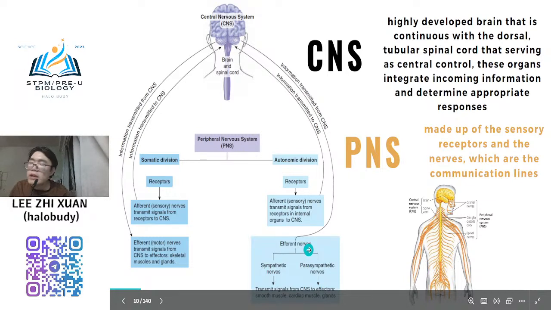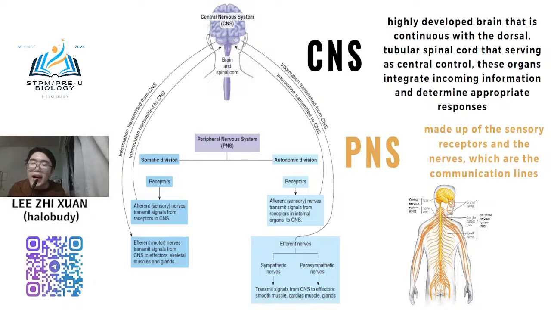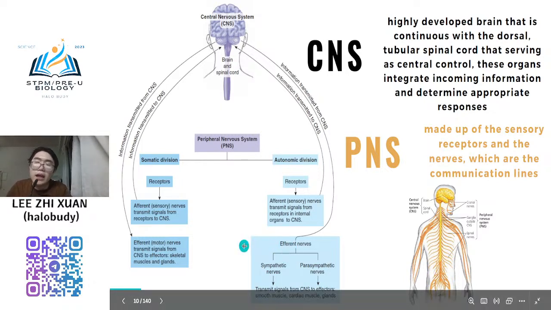For example, when you are very cold, what response will you take? You will wear a jacket, right? So not only the behavioral response, but your internal organ responses will also take place.